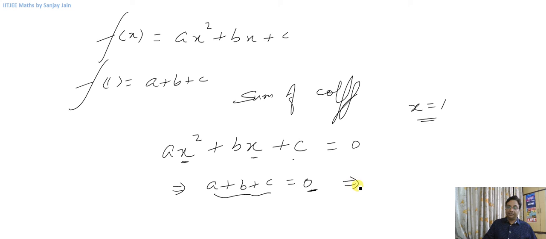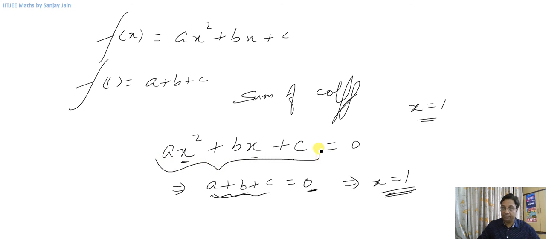I can say that x is equal to 1, right? x will have one more value where this quadratic will become 0, but for now, because this quadratic has got two roots, one of the roots will definitely be x equal to 1 if the sum of coefficients is equal to 0, right? You understand? Let me show you once again.